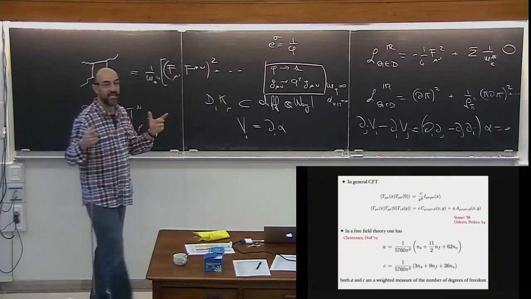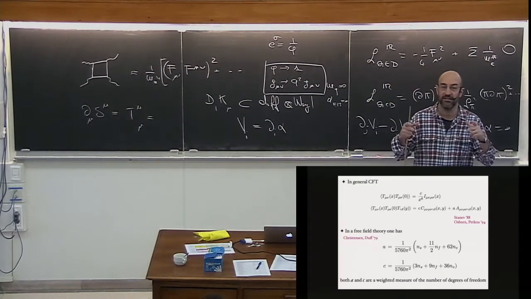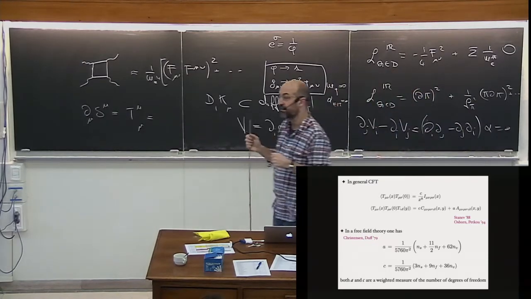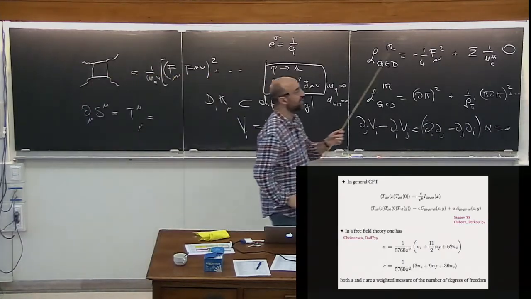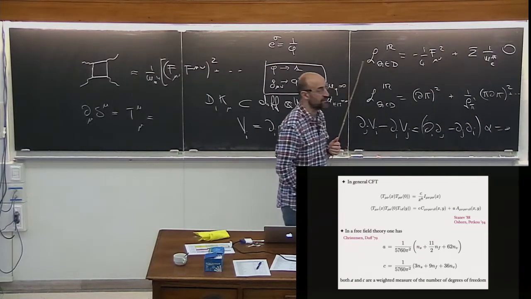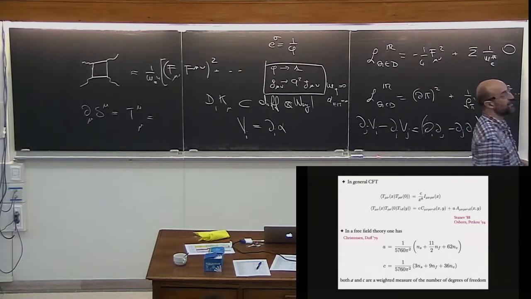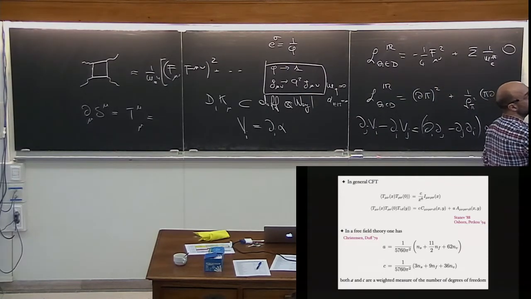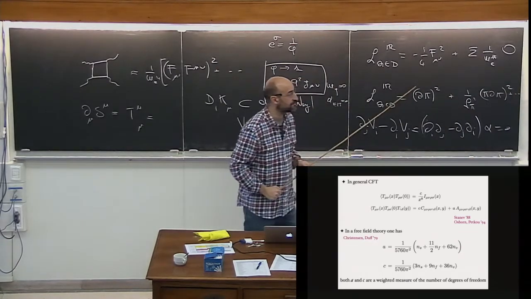Very much like for the chiral anomaly, the anomaly coefficient is describing the triangle correlator of three currents. In the case of the Weyl symmetry, the anomaly coefficients describe the 2 and the 3-point function of the energy momentum tensor. Particularly the C coefficient describes the 2-point function, the correlator of two energy momentum tensors, and the A describes a certain tensor structure in the correlator of three energy momentum tensors.